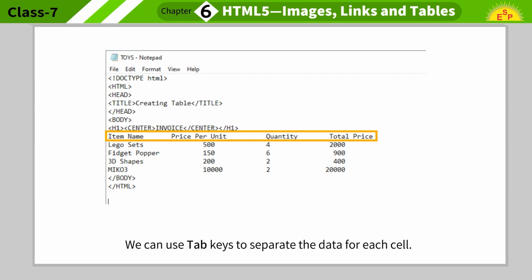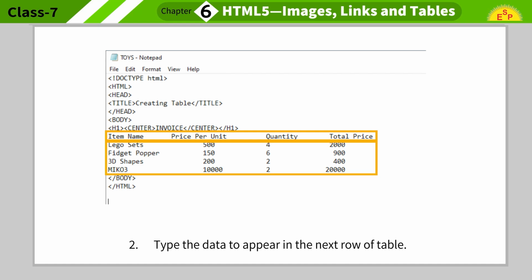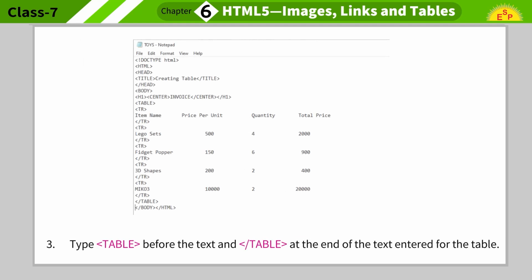We can use the tab key to separate the data for each cell. The web browser will ignore the spacing we add. Step 2. Type the data to appear in the next row of the table. Repeat this step to fill in the entire data for the table. Step 3.